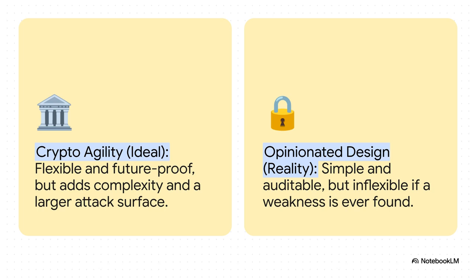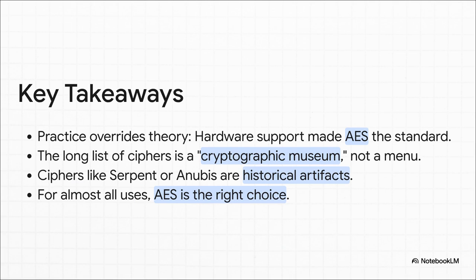On the other side, you have a totally different approach called opinionated design. A great example is the WireGuard VPN. It says, nope, no choices. It uses one and only one carefully chosen set of ciphers. It's super simple, easy to check for bugs, but it's completely inflexible if a problem is ever found in that one choice. And what's really wild is that the Linux kernel today actually has both of these competing ideas living side by side.